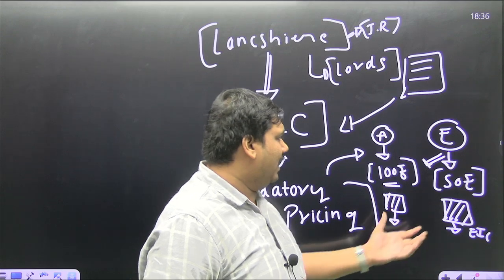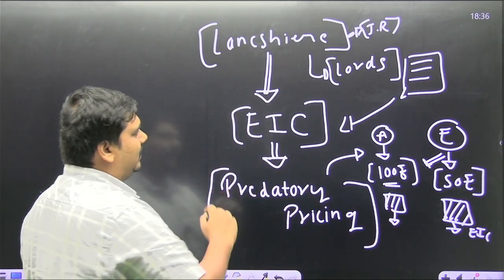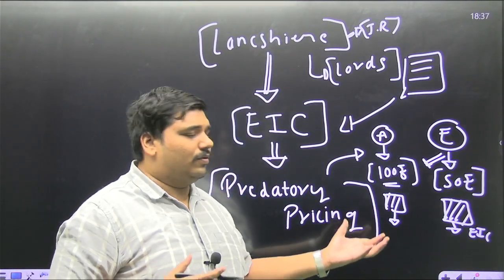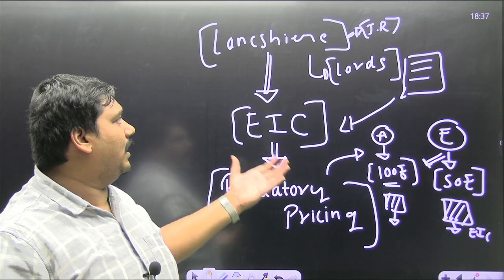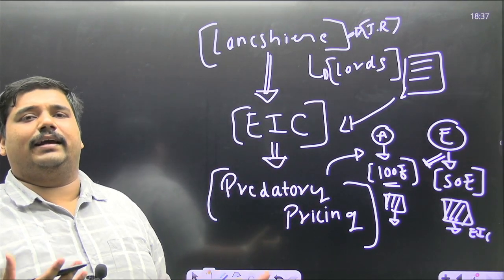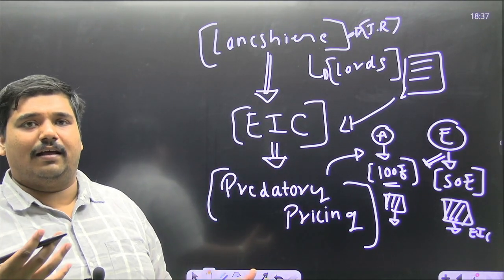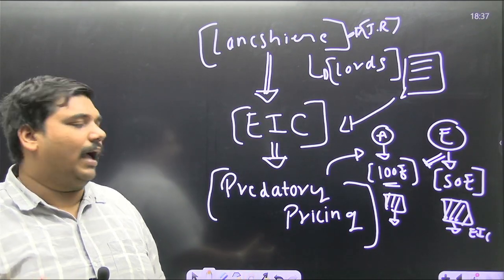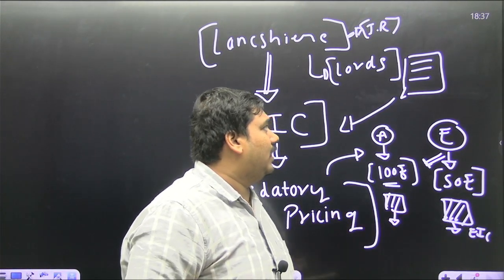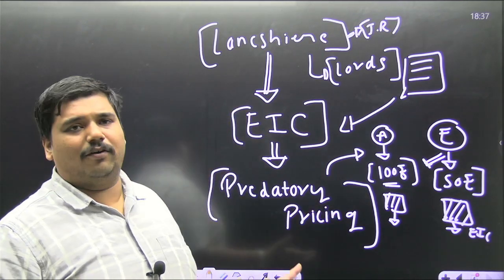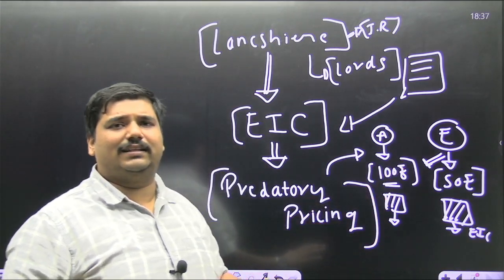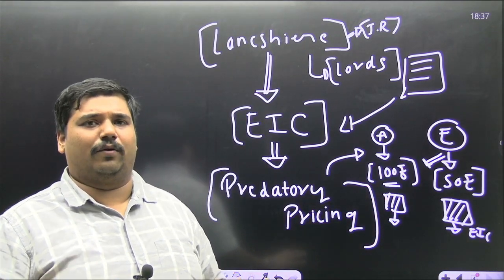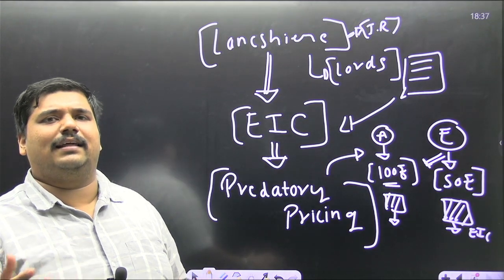This meant that the Indian industrialists, who before the Lancashire lobby were able to sell within India, were hit. Post the predatory pricing of the East India Company, the entire industrial system was wiped out. People started selling their industries.